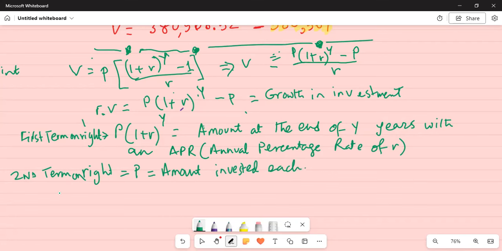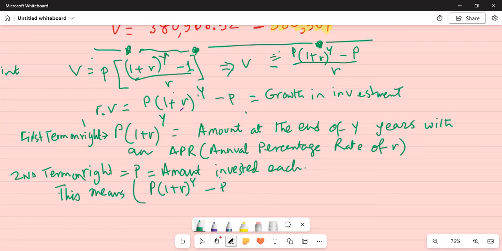So this means P times (1 plus R) raised to the power of Y years of investment, minus P.